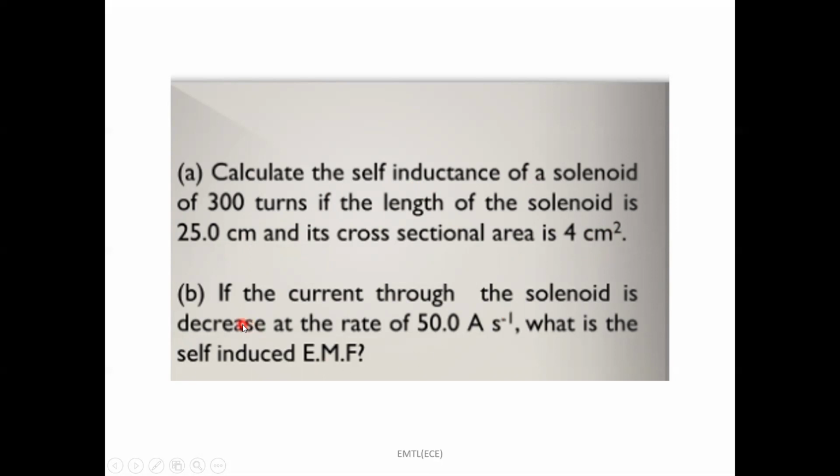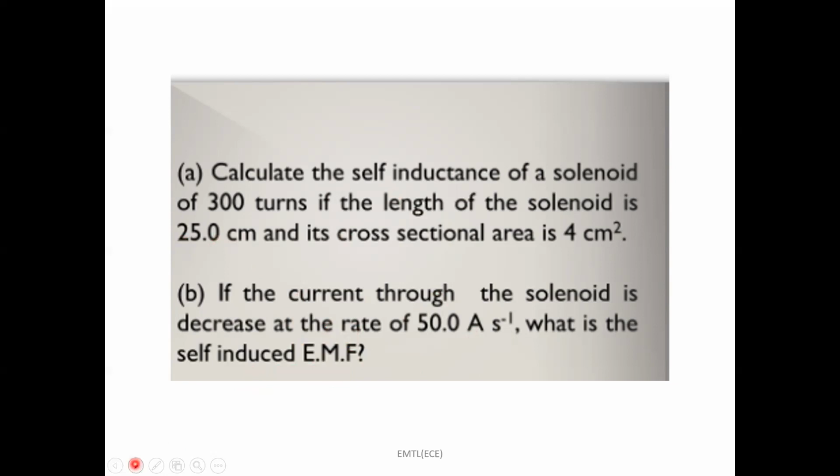And there is another part also: if the current through the solenoid decreases at the rate of 50.0 ampere per second, then what is the self-induced EMF? So in this problem, we have to calculate the self-inductance of the solenoid and the self-induced EMF according to these given values.